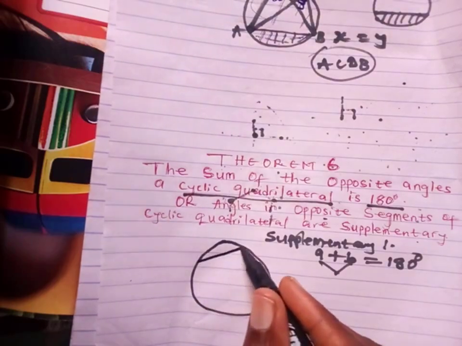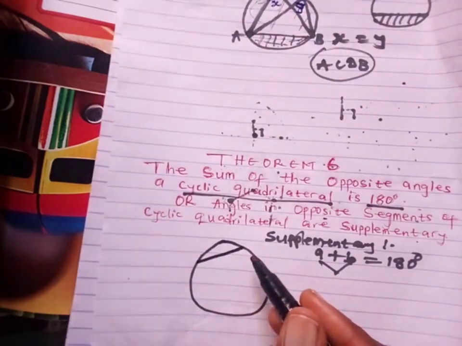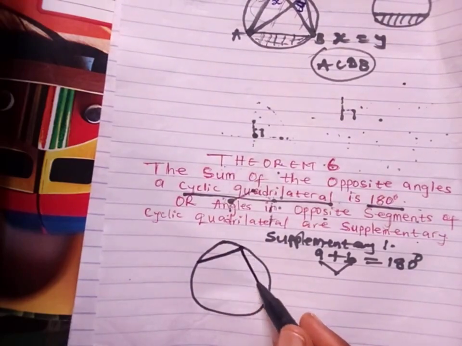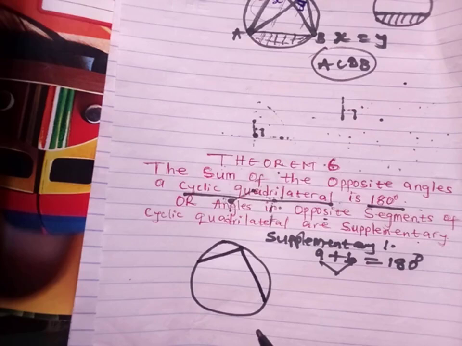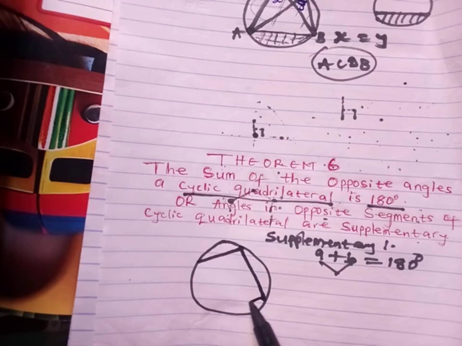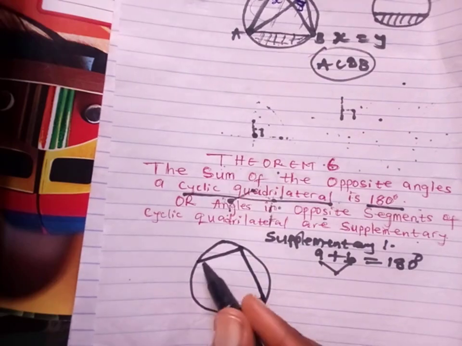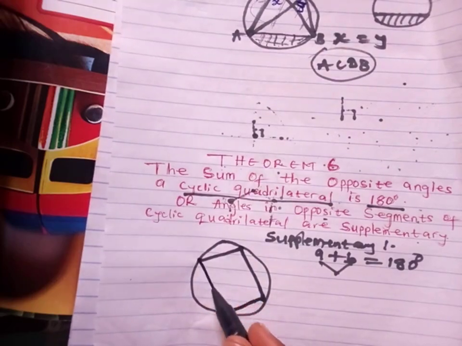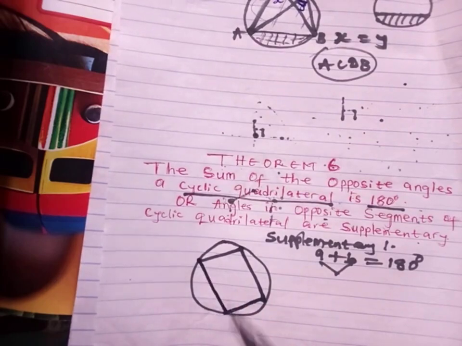Let's say I have one here, and I have another one running this way, and remember it's four-sided. This is 1, 2. I can also have another one running this way, then another one down here so that it is four-sided.